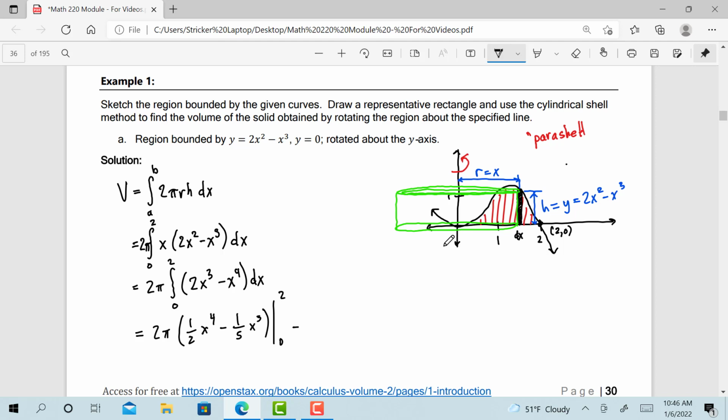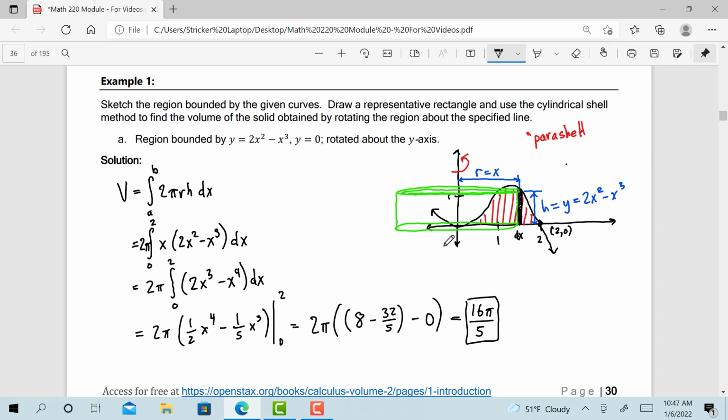So plugging in 2, we get 8 minus 32 over 5. Plug in 0, you get 0. So doing the math here, this comes out to 16 pi over 5. 16 pi over 5 would be that total volume using the shell method.